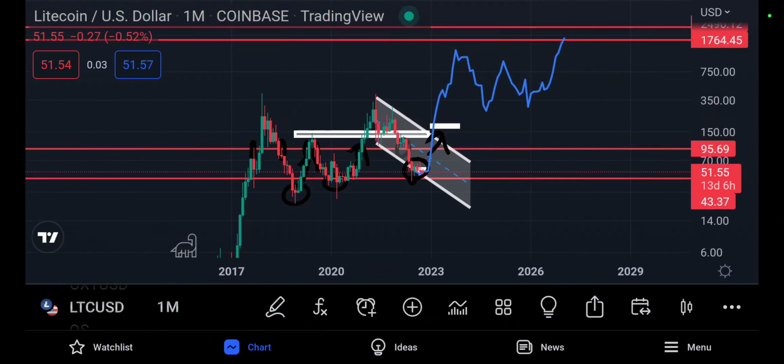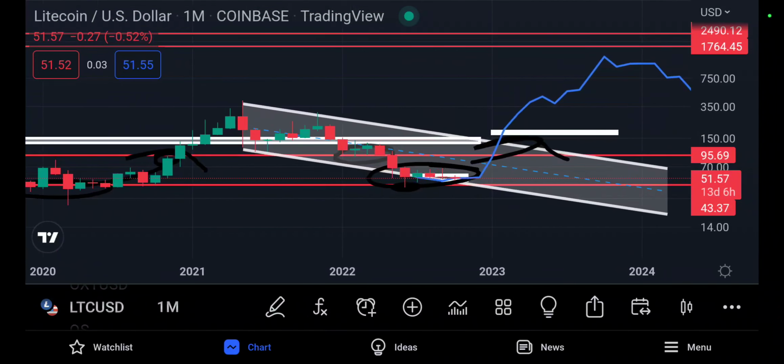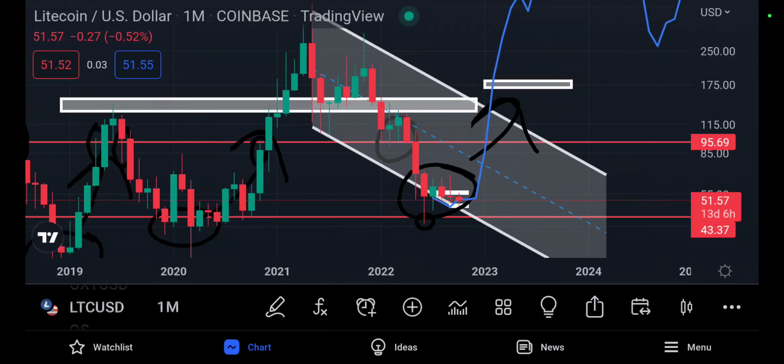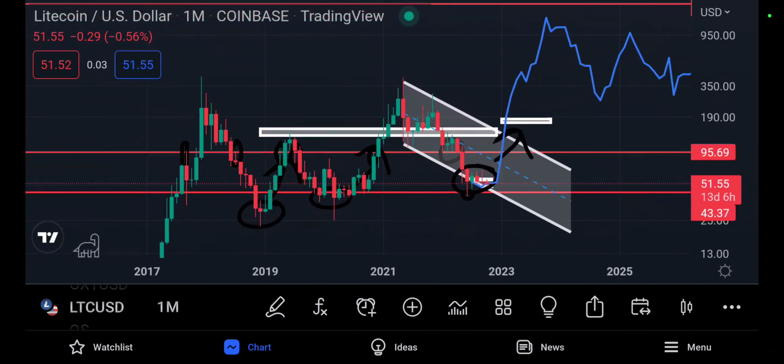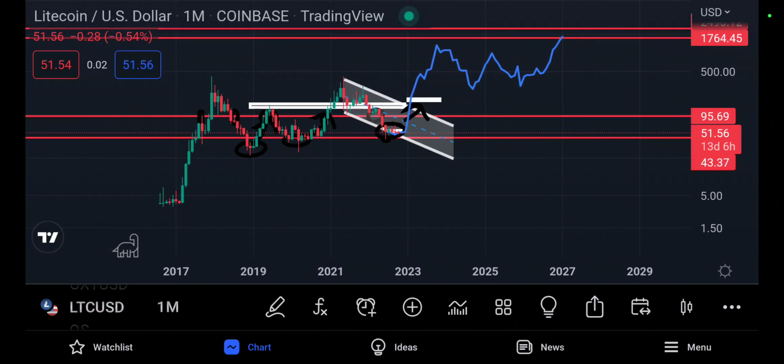So this move doesn't even have to play out this perfectly, based off of other factors or whatever. But this is what everything is showing right here. That's just the bars pattern right there.